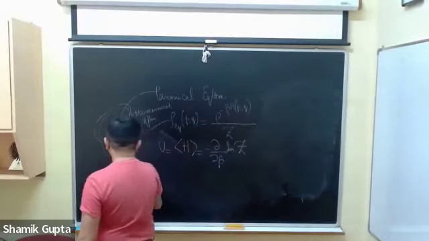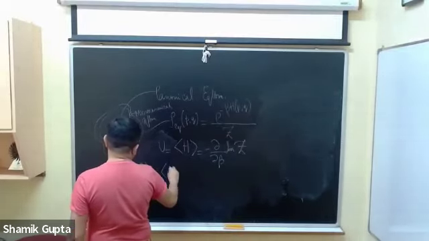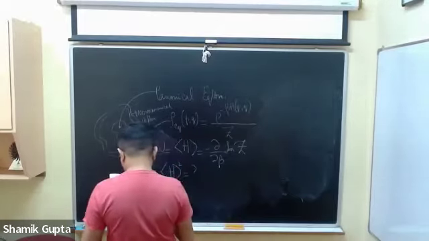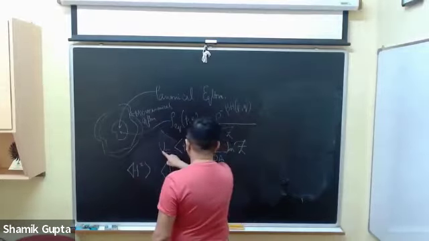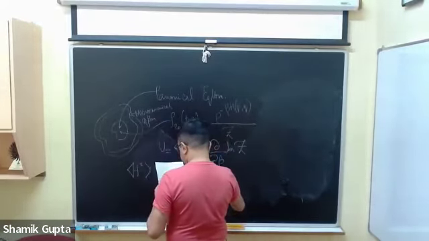That is, what is the standard deviation? H square average minus H average square. How does it look like? This has an important consequence. So let's see, how does it look like? You take this one and you take the derivative with respect to beta.